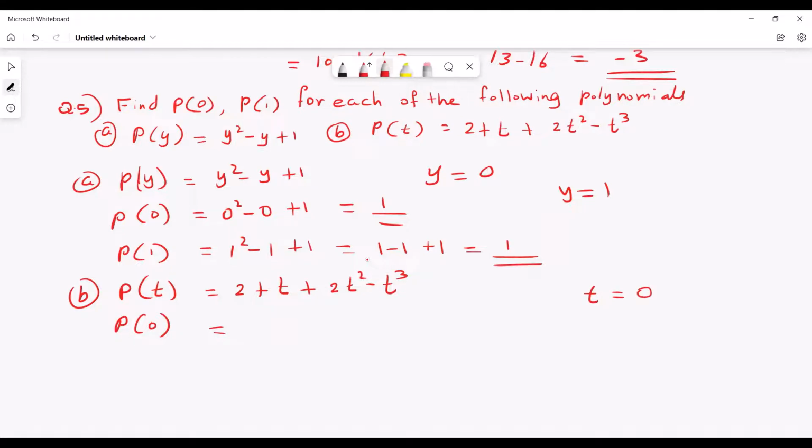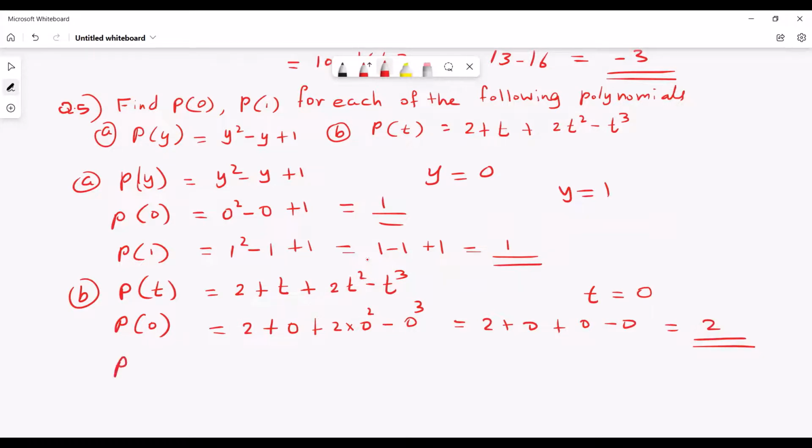So 2 is there, 2 plus t becomes 0, plus 2 into 0 square, minus 0 raised to 3. So this will be equal to 2 plus 0 plus 2 into 0 means 0, minus 0. So the answer is 2.